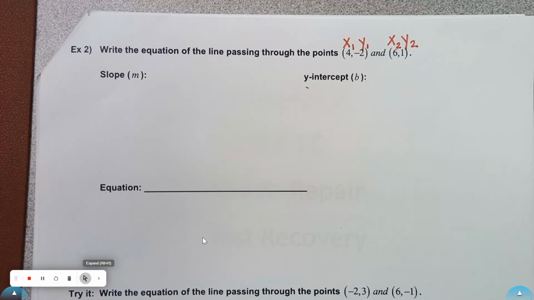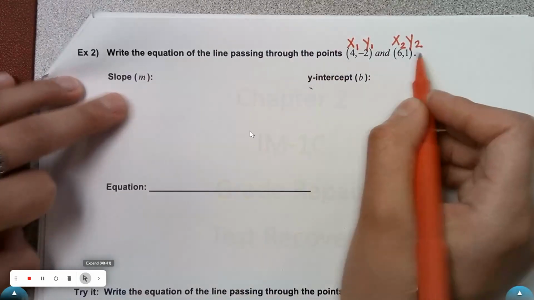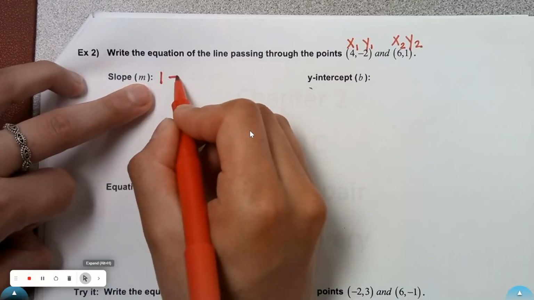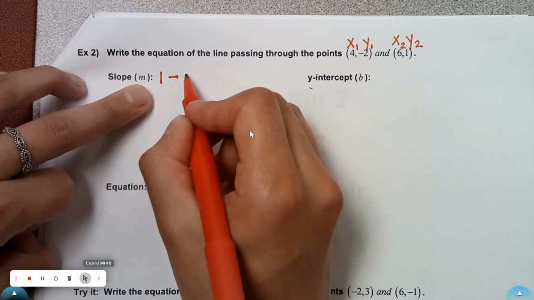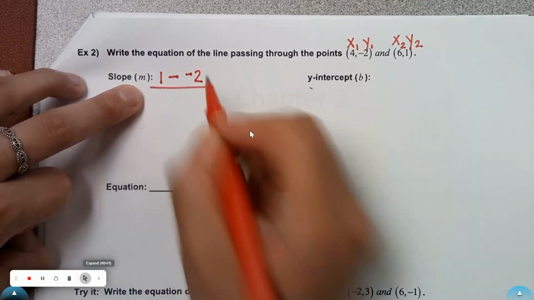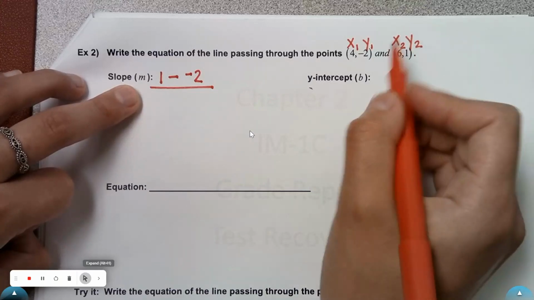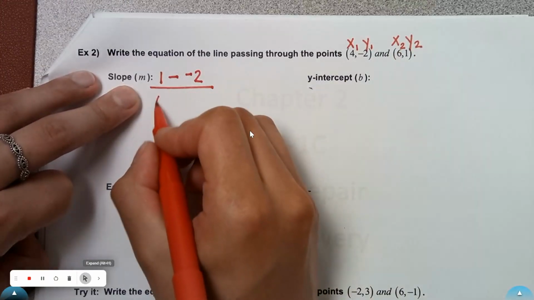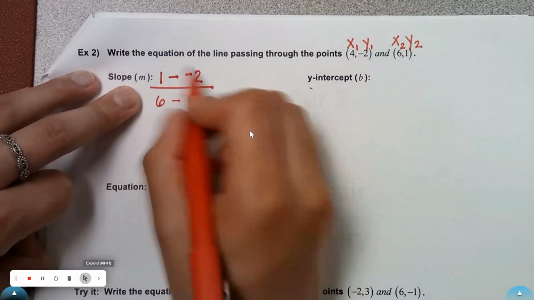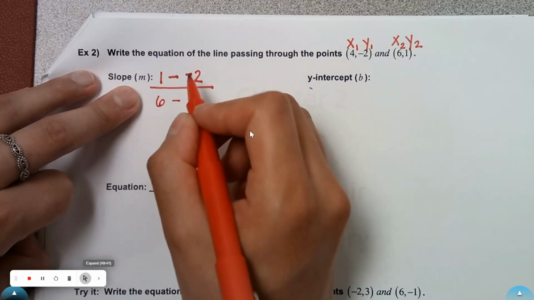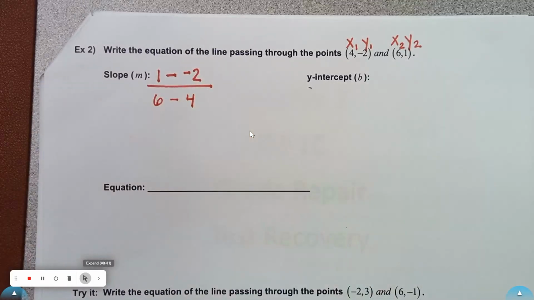So I'm going to have y2, which is 1, minus y1 is negative 2. So I'm going to write negative 2. x2 is 6, and x1 is 4. Sometimes we get the double negative. Just be very careful. That is okay. That can happen. And make sure that you're very mindful of the negatives.